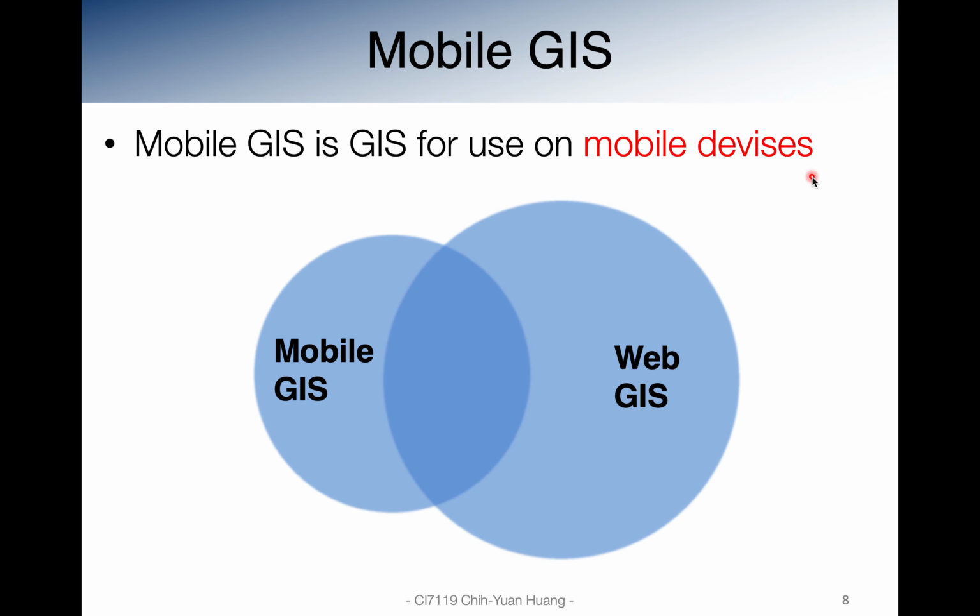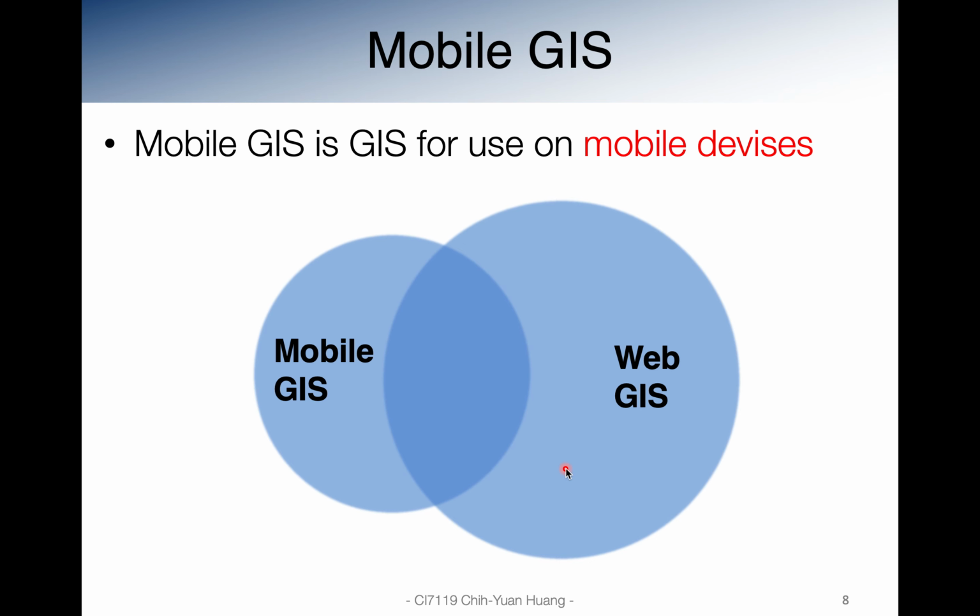And here is one way to view the mobile GIS. If you treat the mobile GIS as this circle over here, and the circle on the right is the web GIS. Although this is one way to view it, you can also treat mobile GIS as one type of decentralized GIS.